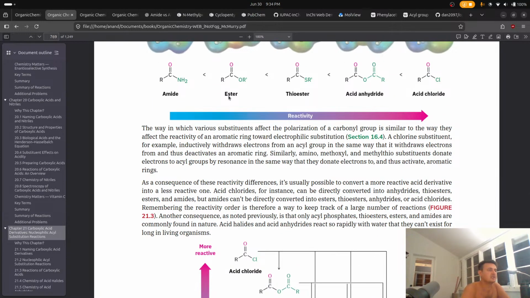The way in which various substituents affect the polarization of a carbonyl group is similar to the way they affect the reactivity of an aromatic ring toward electrophilic substitution.